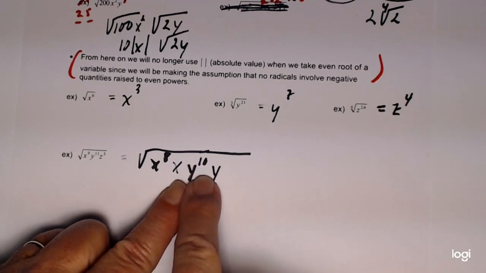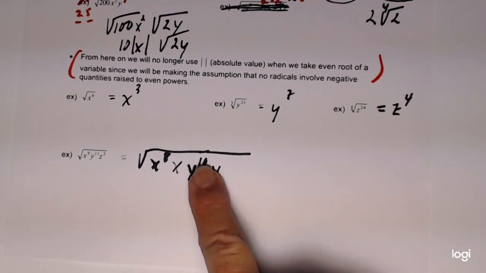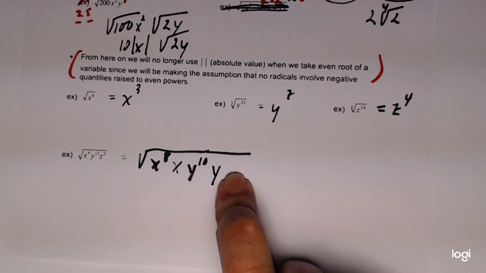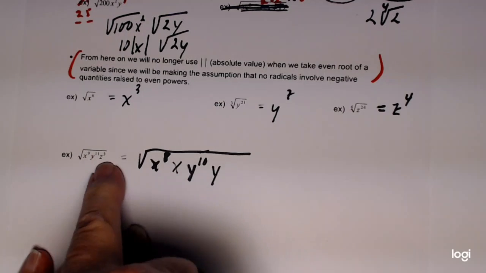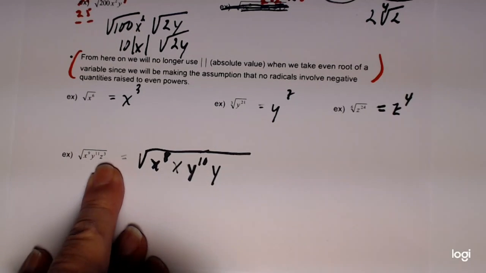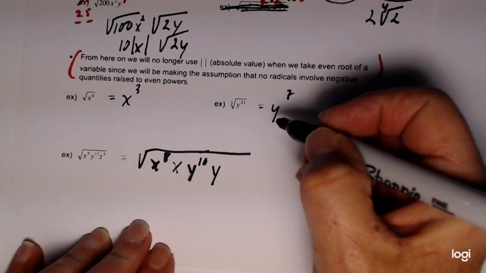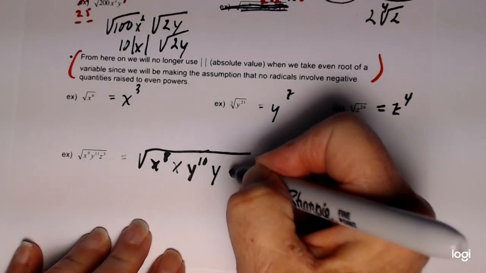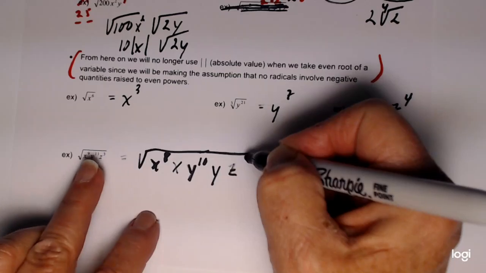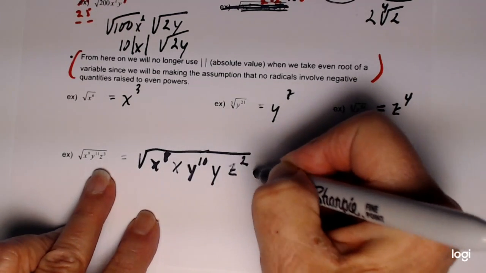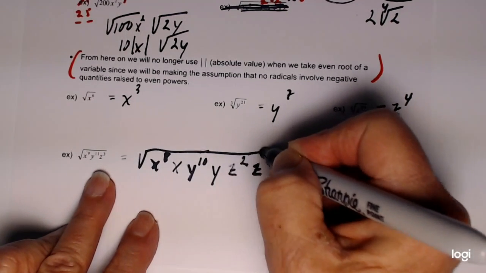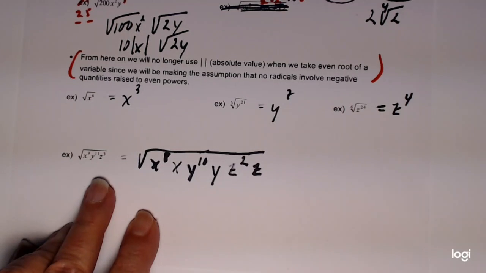So y to the 10 times y to the 1, 10 plus 1 is 11. Last variable is z, and z cubed. 3 divided by 2, again, not clean, so we go down 1 from 3 to 2, and then we have that other z that is left.